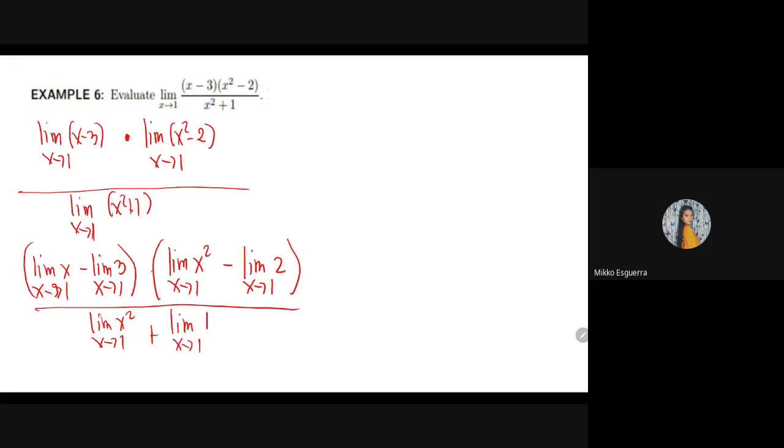So let us simplify now. Here, the limit of x as x approaches to 1 is equal to 1 minus the limit of 3 as x approaches to 1 is 3. The limit of x squared as x approaches to 1 is 1 squared minus the limit of 2 as x approaches to 1 is 2 all over the limit of x squared as x approaches to 1 is 1 squared plus the limit of 1 as x approaches to 1 is 1.